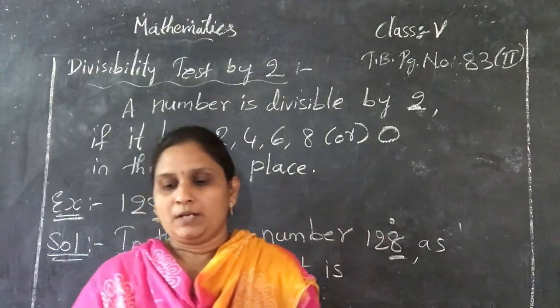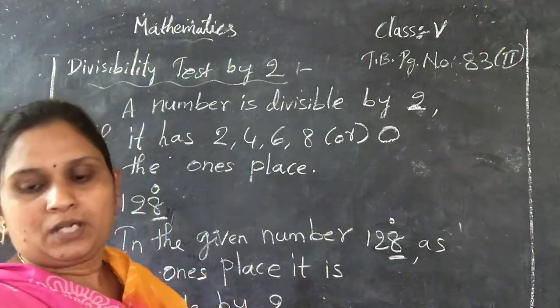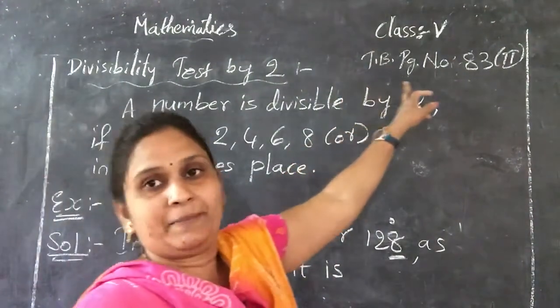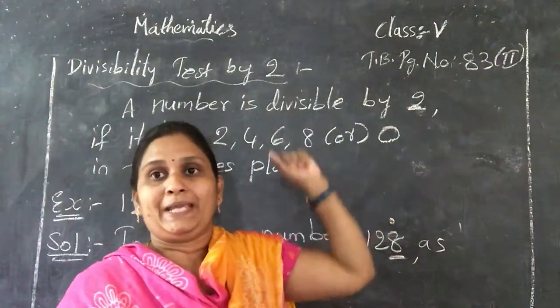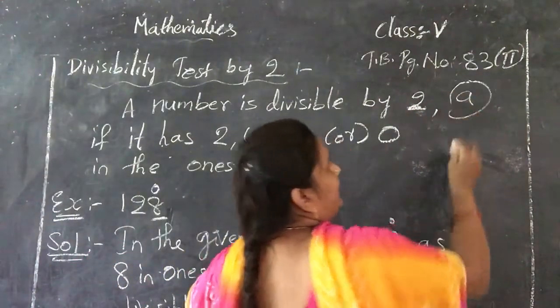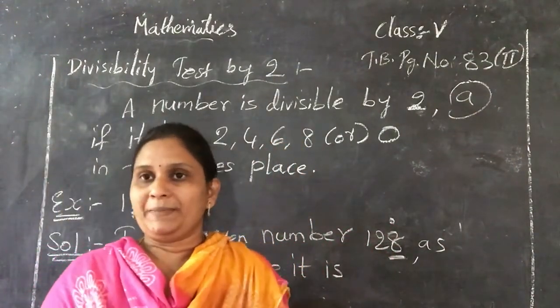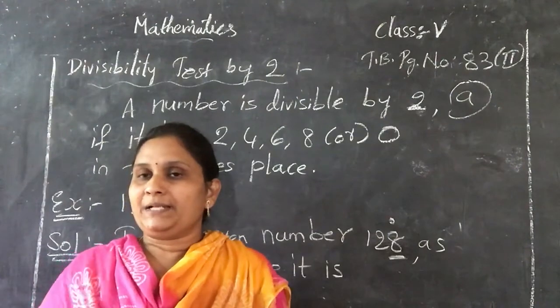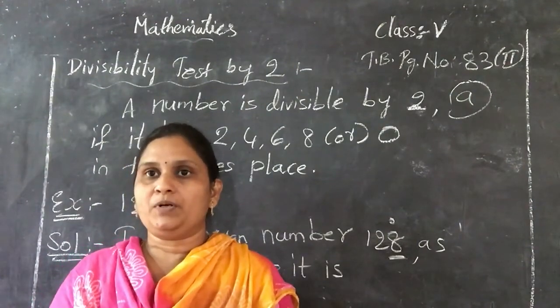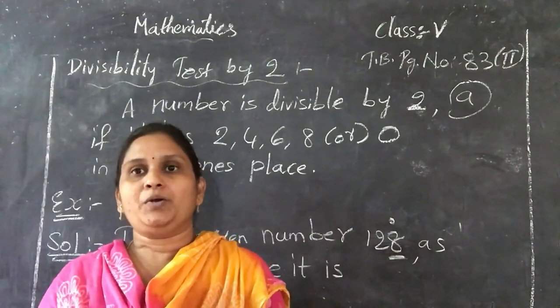Okay, so next, after writing this, children have to do page number 83, section 2A. Section 2A concept is based on divisibility test by 2. So after writing the remaining numbers as homework in notebook, then the next rule, what I am going to explain, you have to write it.